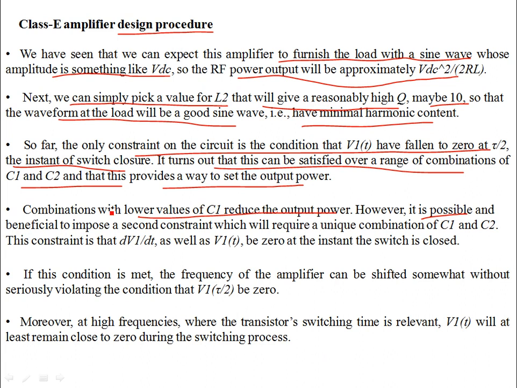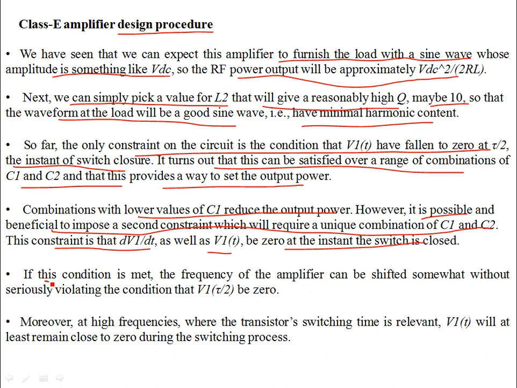However, it is possible and beneficial to impose a second constraint, which will require a unique combination of C1 and C2. The second constraint is to set the first differential of V1(t) to be 0 at the instant when the switch is closed. If you set this constraint, the combination of C1 and C2 will produce an output power that is not small.